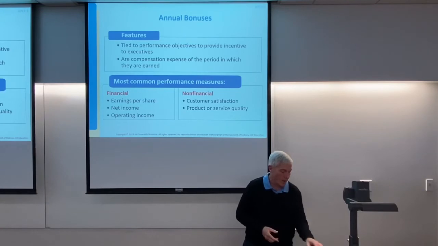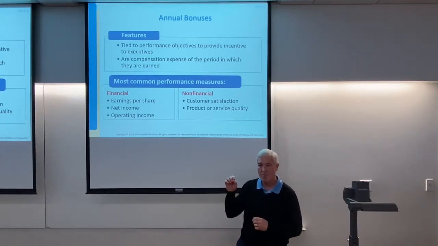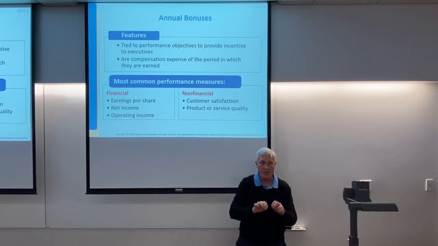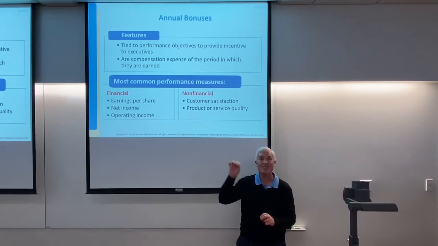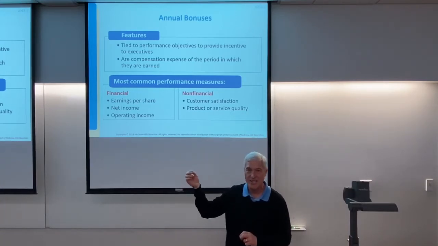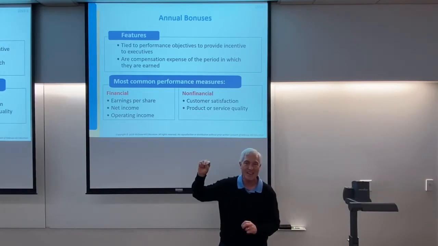Now what was cool, I think, about both companies is the metrics for the CEO were the same as the metrics for the lowest level salaried, and these are all bonuses paid to salaried people. Now, the percent of salary changed a lot. I believe the CEO could receive 100% of his salary as a bonus.